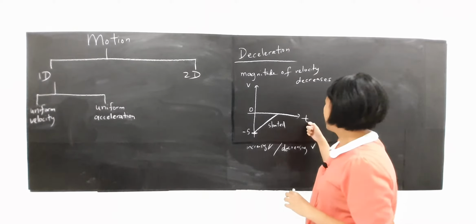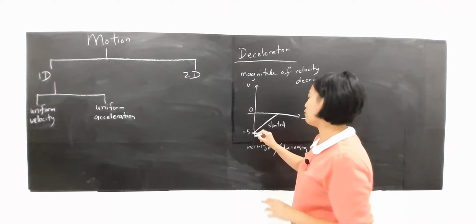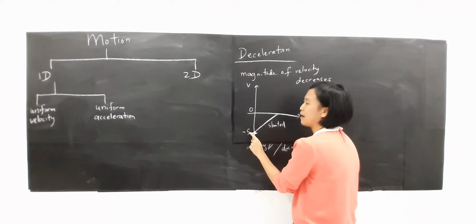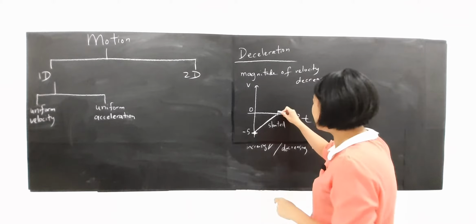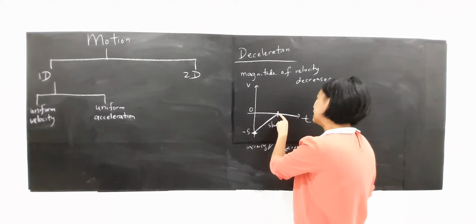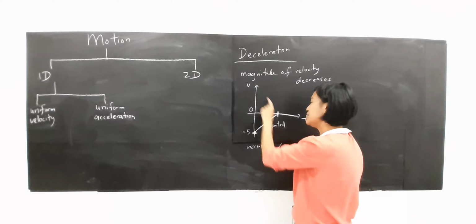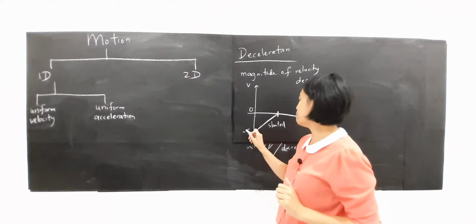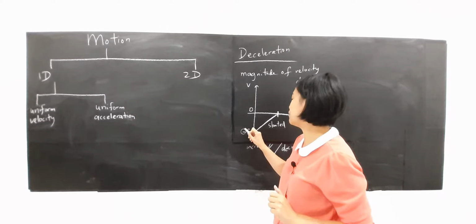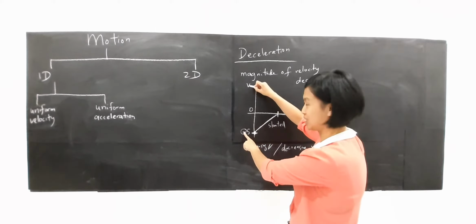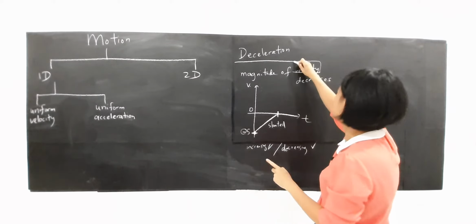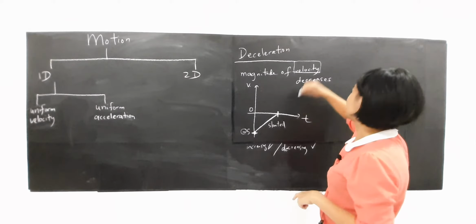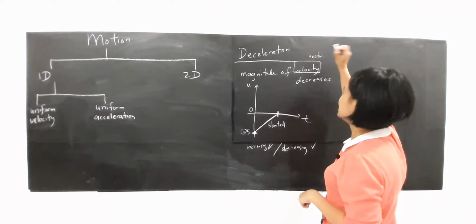So you will find that at t equals 0, the value of v is -5, and finally the value of v is 0. You should know what is meant by the sign in front of a vector quantity. Velocity is a vector quantity, right?